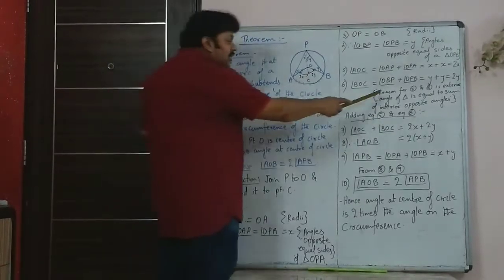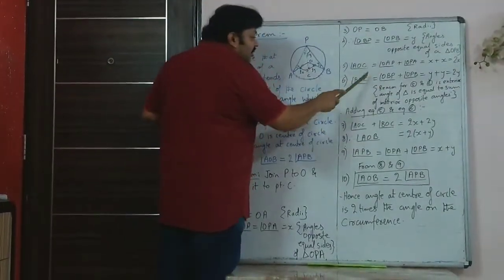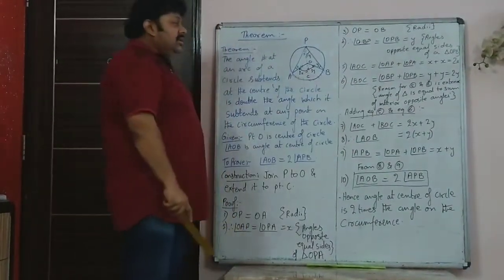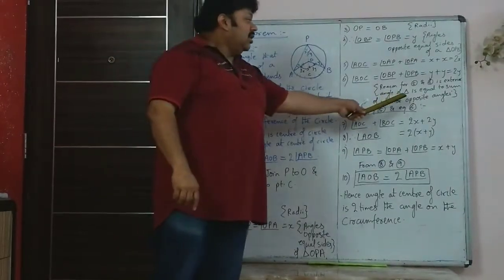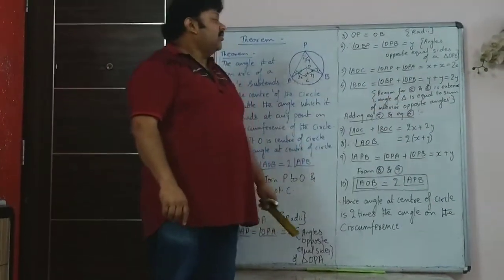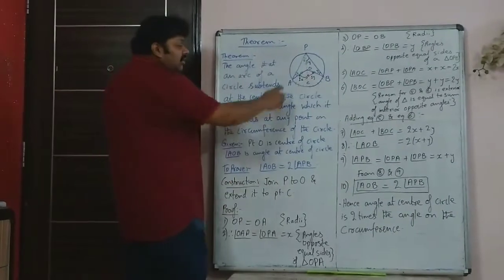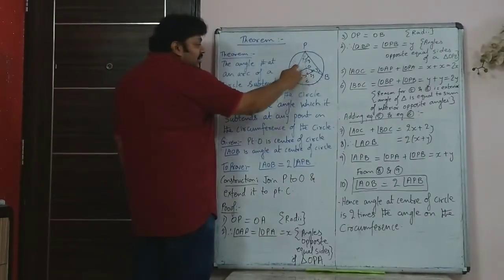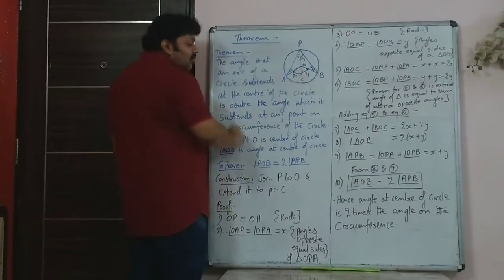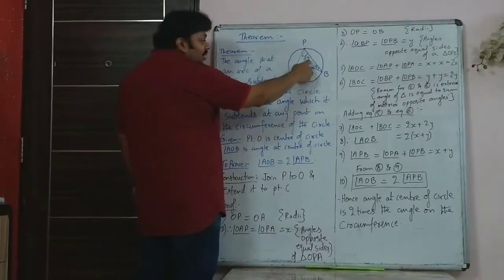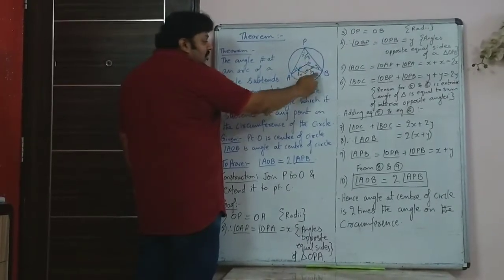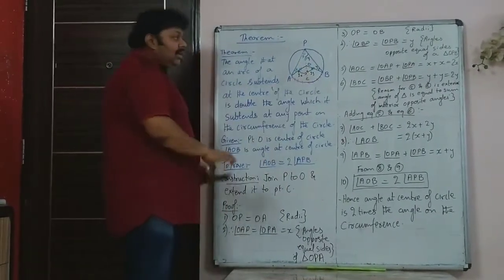So the reason written for both these steps is the same, that exterior angle of a triangle is equal to the sum of interior opposite angles. So 2x is x plus x, so this angle AOC is 2x, and same way y plus y is 2y, so angle BOC is 2y.